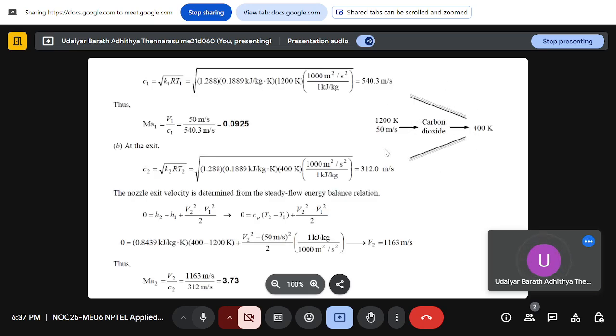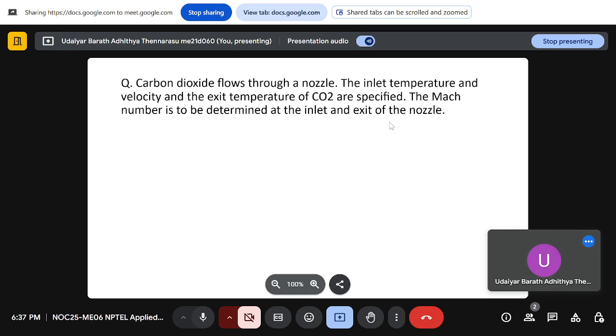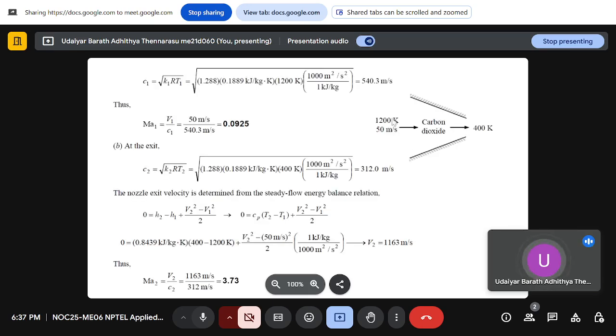So this is how the process looks. We have a nozzle, with the inlet condition of 1200 Kelvin and 50 meters per second velocity. So we know both temperature and velocity at the inlet, and we know the temperature at the exit, which is 400 Kelvin. We need to find out the Mach number for both inlet and exit.